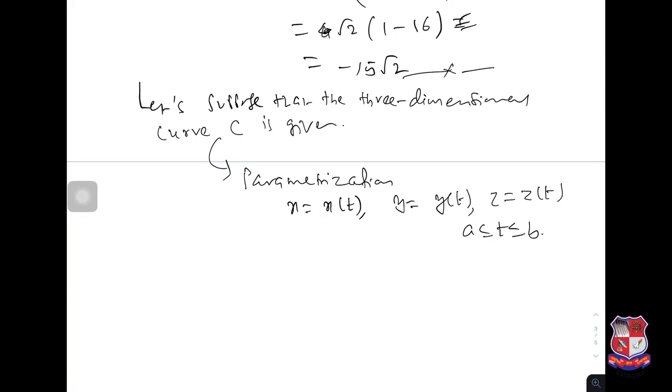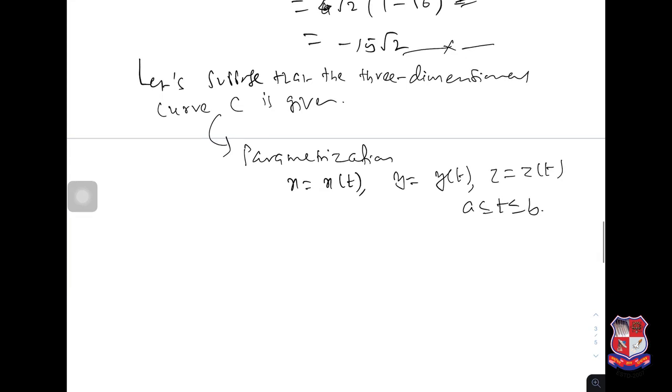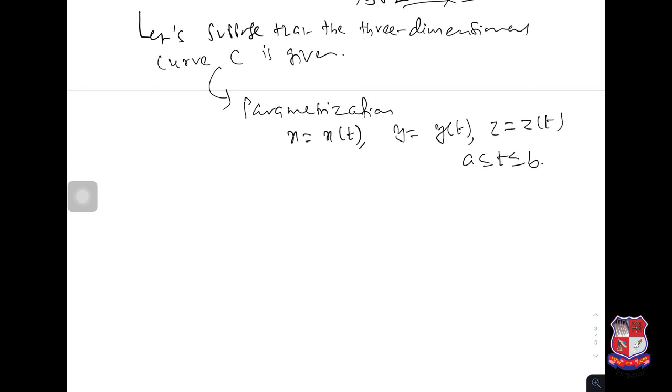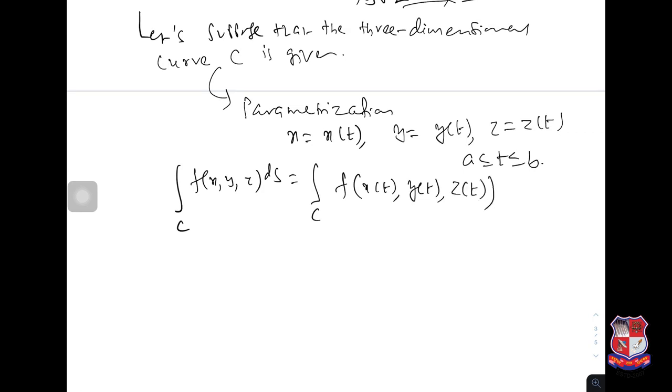We can write h, g, whatever you want. And what is the line integration here? F of x, y, z ds. So that is equal to f of x of t, y of t, z of t. This is parameterization.